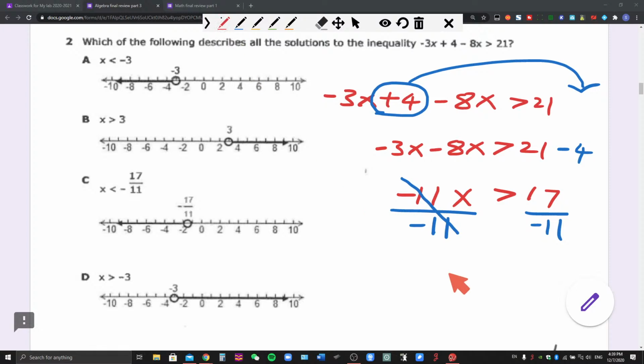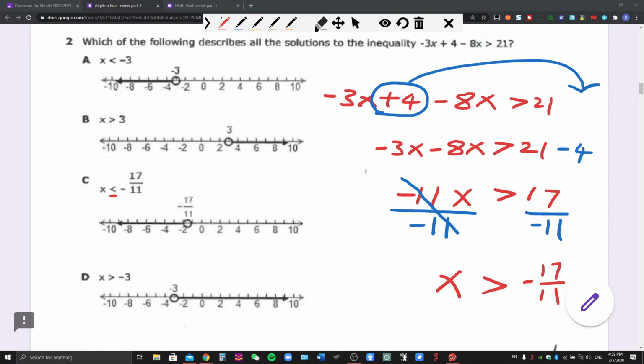So you will have x, and on the other side you will have negative 17 over 11. This cannot be simplified, so it's just like that. If this were going to be the same sign, you would check the options and see there's no such option. We only have a similar one, that's C, but C says less than.